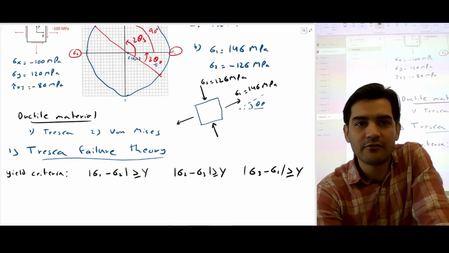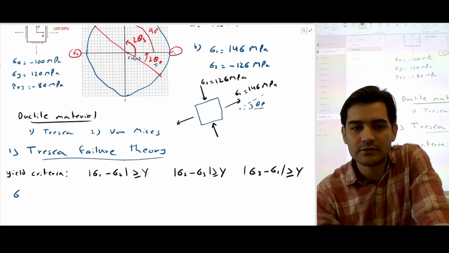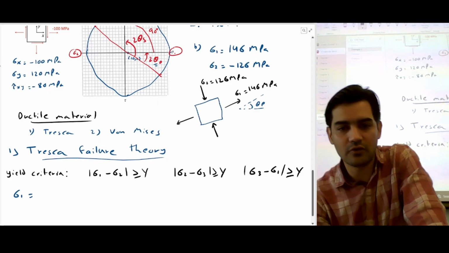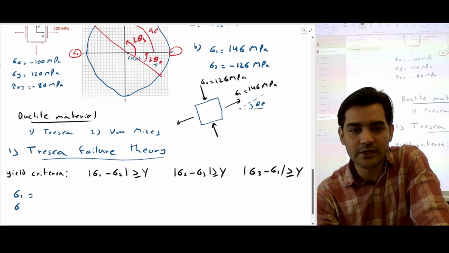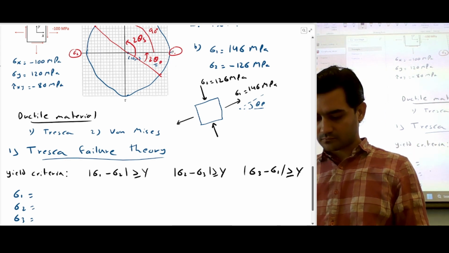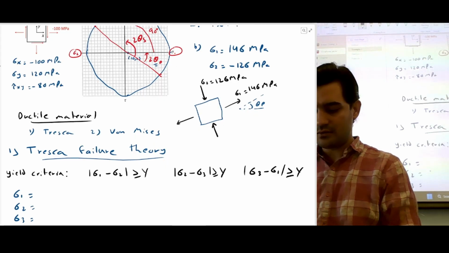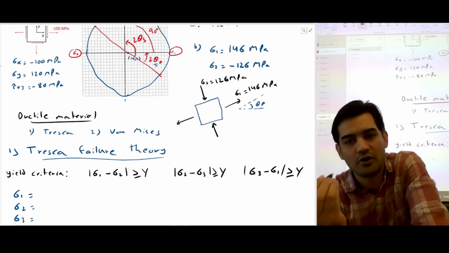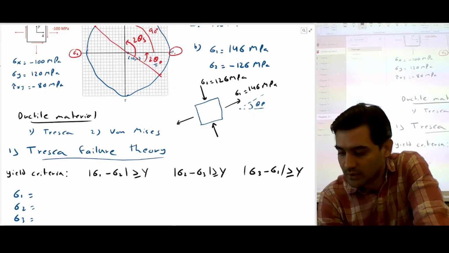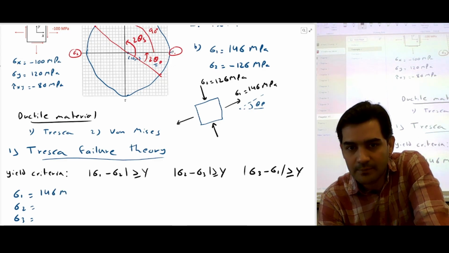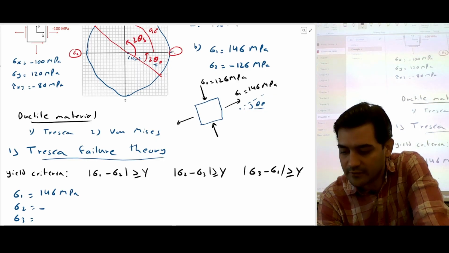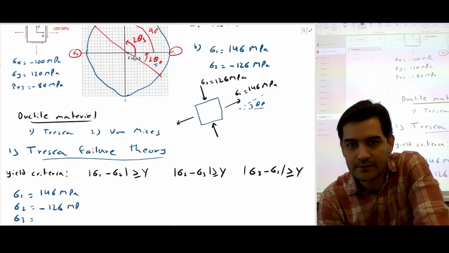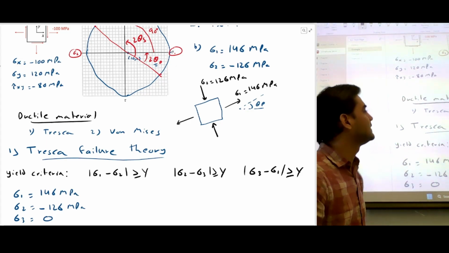From the Mohr circle, we have already calculated stress 1, stress 2, and stress 3. So we can use this yield criteria to see if we will observe failure or yielding in our case. Our stress 1 was 146 megapascals, our stress 2 was negative 126 megapascals, and because it's a two-dimensional stress element, stress 3 is 0.